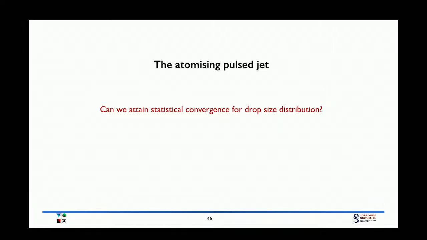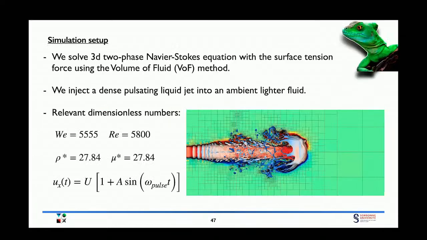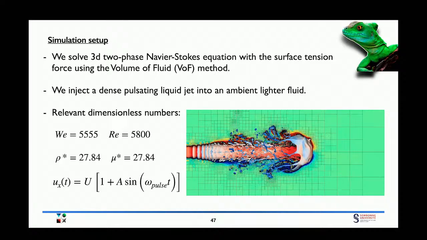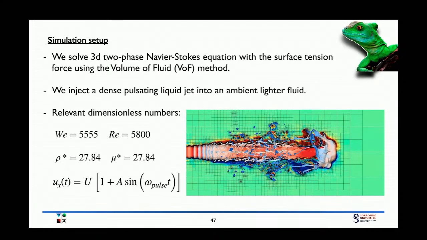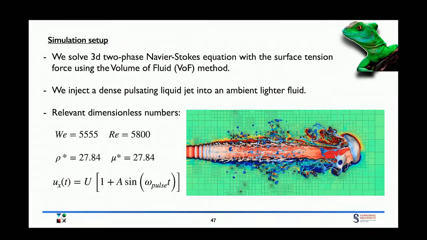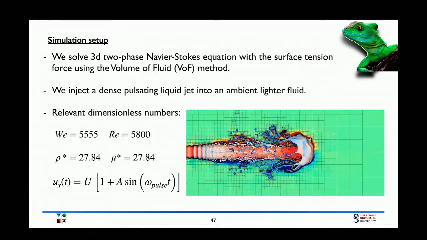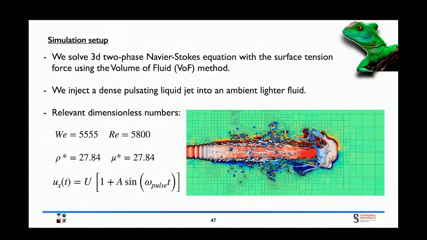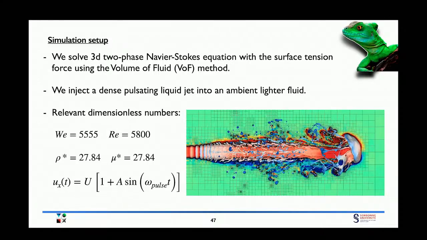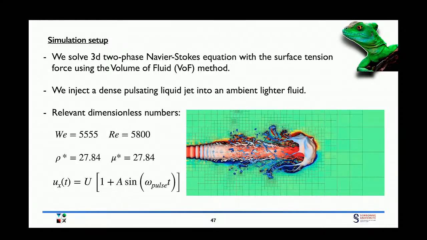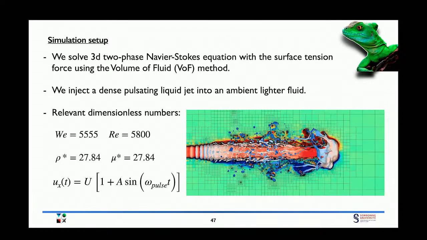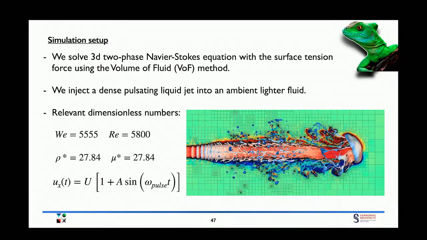That brings us to the final part of the thesis, where we study the atomizing pulsed jet. In this problem, we solve the full 3D two-phase Navier-Stokes equations with surface tension. We don't use turbulence modeling; we do full direct numerical simulations. The Weber number and Reynolds number, both based on the liquid, are moderately high.